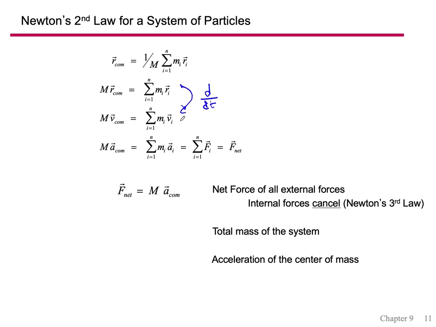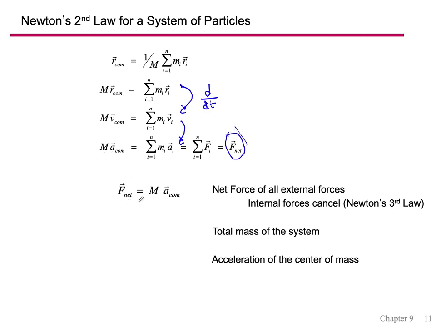Taking the derivative with respect to time one more time, you would end up with this. M times the acceleration of the center of mass, velocity divided by time becomes that, and the velocity of each piece becomes that. In other words, what's happening here? This piece right here is the mass times acceleration, or the force acting on each part of a system, or it's the total force acting on the system, which is just F net.